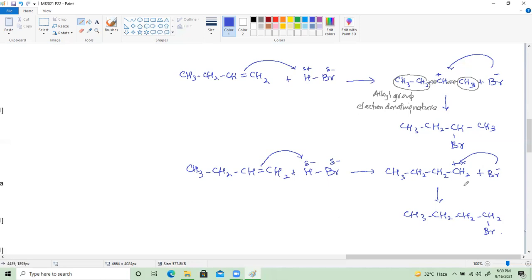Okay. So take a look at this carbocation here. It has a positive charge, it is electron deficient. And what is attached to it? Just one alkyl group. And this one alkyl group will donate its electron density to it. This is called inductive effect.